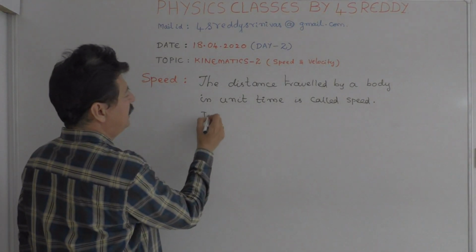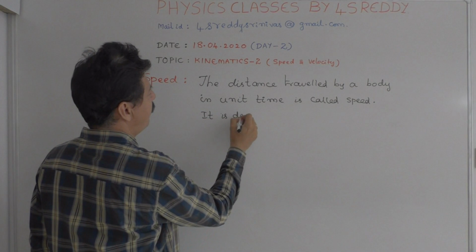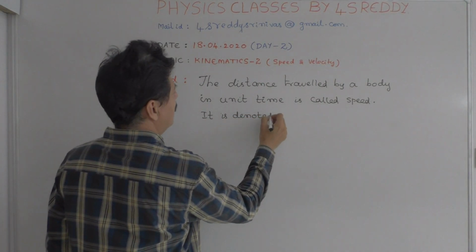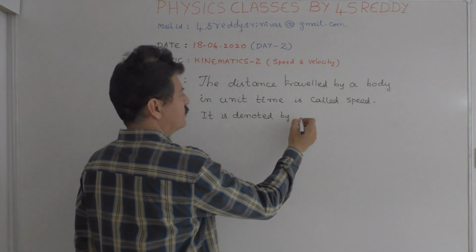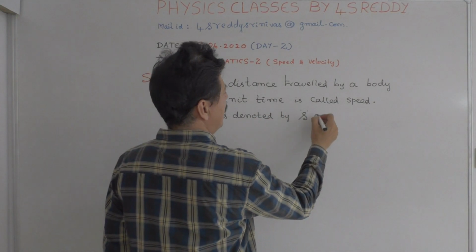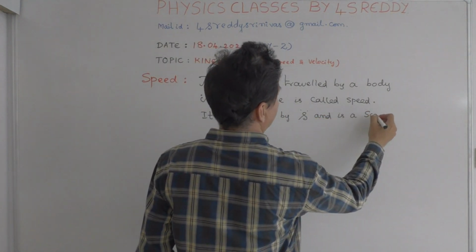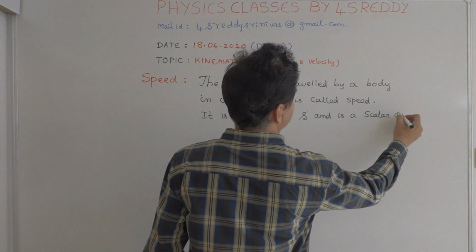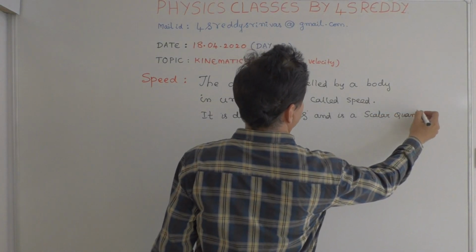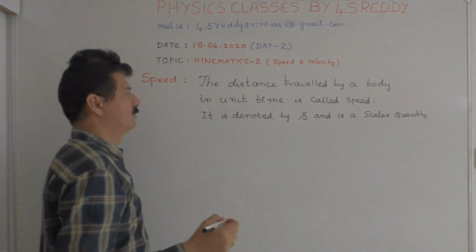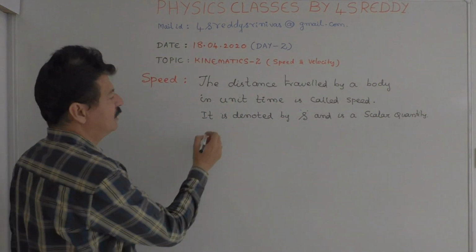Generally it is denoted by small s and is a scalar quantity. Now how can you write this?